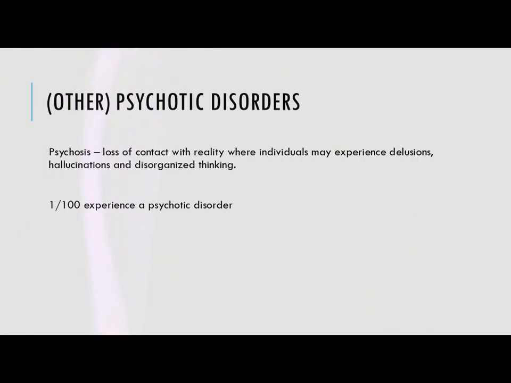Schizoaffective disorder, for example, has a lower prevalence than schizophrenia, while brief psychotic disorder is even less common. And delusional disorder, though rare, tends to be more stable and enduring over time. So factors such as genetics and socioeconomic status and environmental stressors can influence the prevalence of these disorders in different populations.